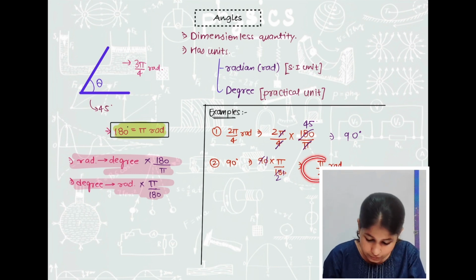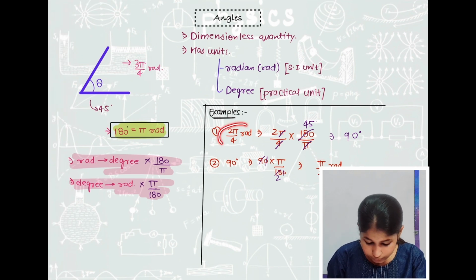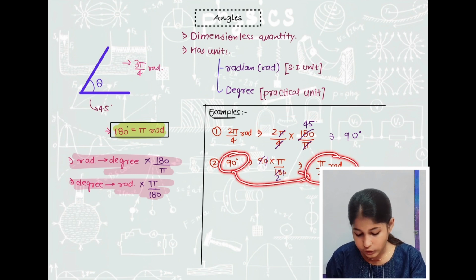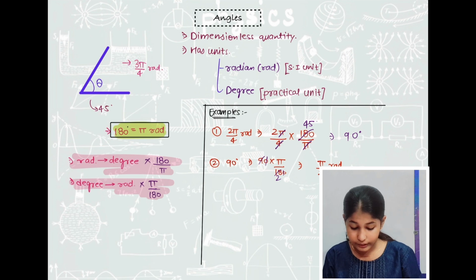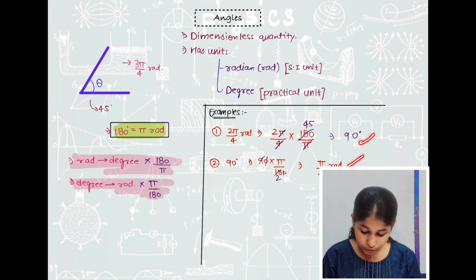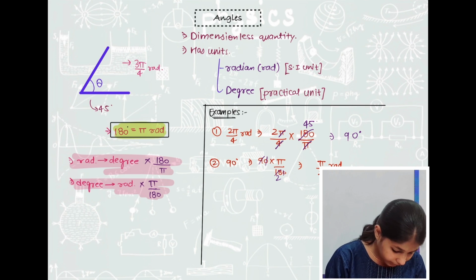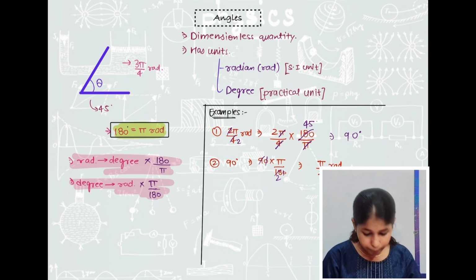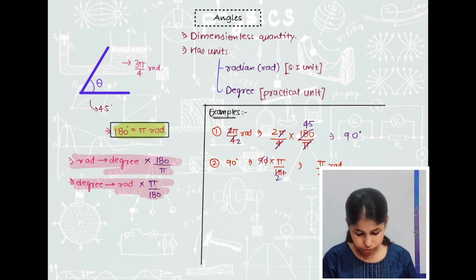So if you ask me that the value of 2 pi upon 4 radian is 90 degree, and the value of 90 degree in radian is pi upon 2 radian, then does it mean one of your answers is wrong? No, simply not wrong, because it is already cancelled down. Here you can see 2 2s are 4, so pi upon 2 is the same as 2 pi upon 4.